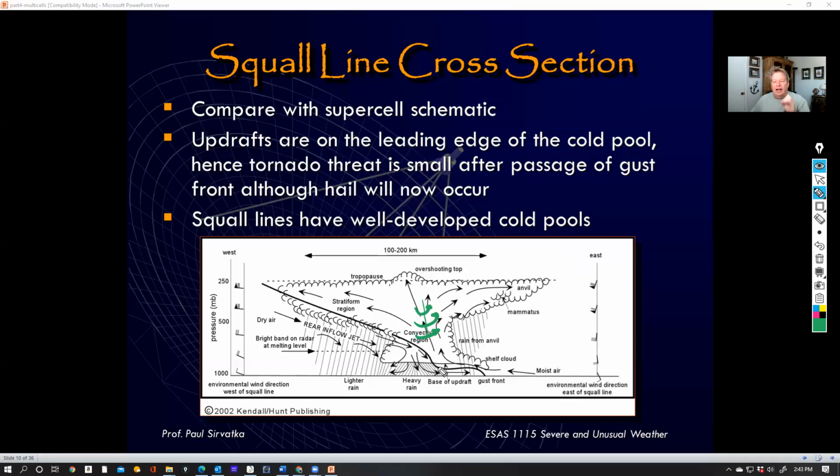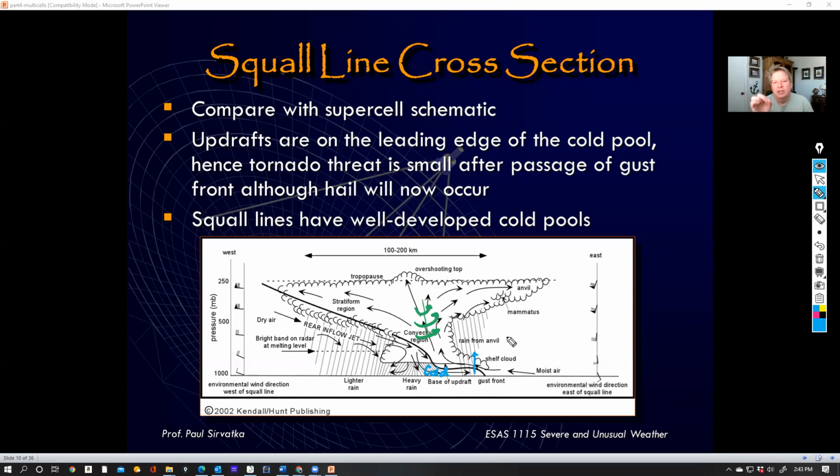But be careful. It takes a while to figure out what those clues are and how cold this air has to be. Just because it's behind the gust front doesn't mean it still can't go straight up. Not in this picture, but just because air is behind a gust front doesn't mean the air can't go straight up.